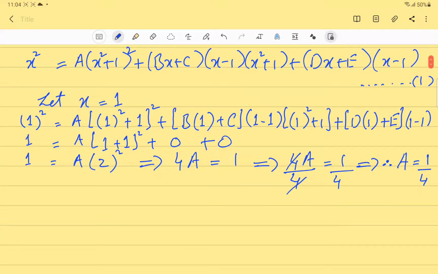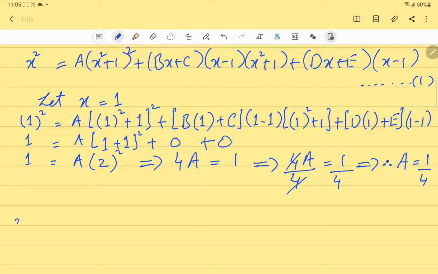Now we don't have any value of x that we could substitute in equation 1 to find out the value of any other constant. So we will simplify the equation now and then compare the coefficients of different degrees of x on both sides in order to form the equations and then figure out the constants from those equations.